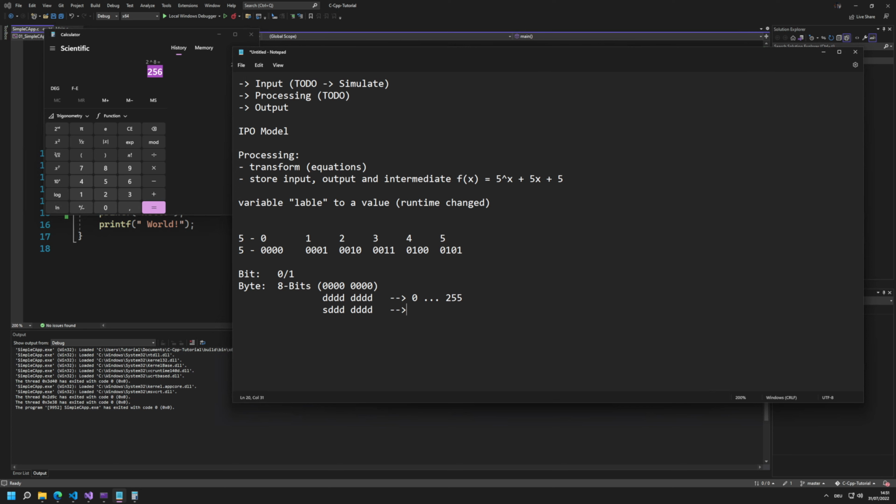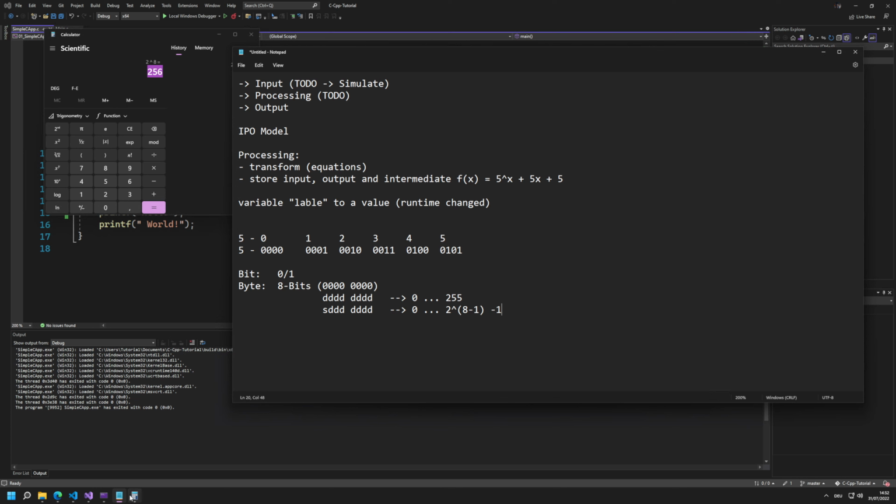By adding a sign, we say this single bit represents whether the number is negative or positive. And we always say if it is 0, it means that the number is positive. So all of our positive numbers would now go up to 2 to the power of 8, as we had previously, but since we now have a sign bit, one bit is already used for the sign, so we need to subtract 1 here. 2 to the power of 8 minus 1, and of course we also need to represent the 0, so we subtract 1 again.